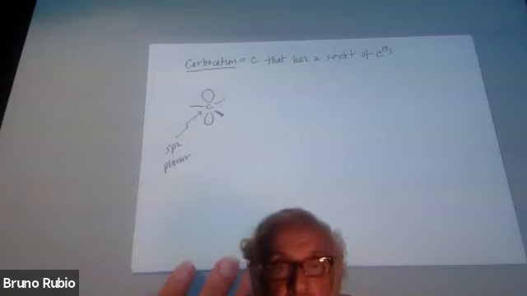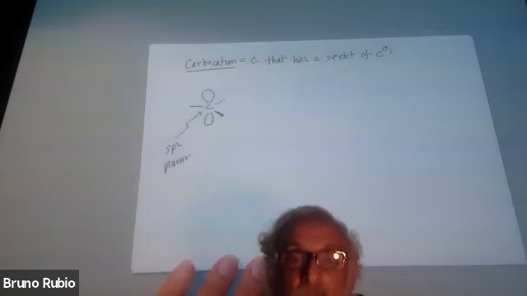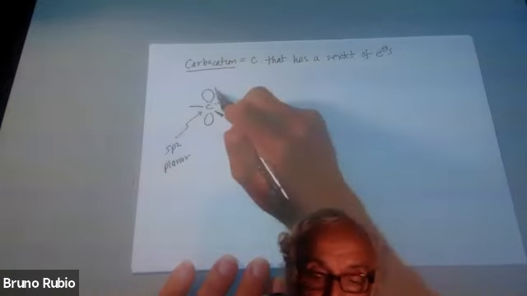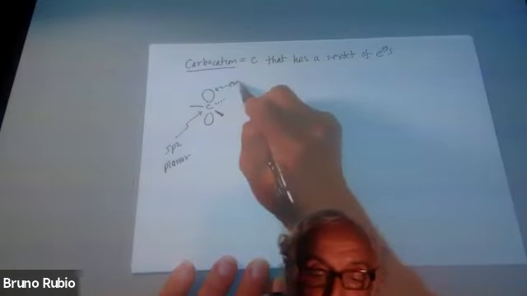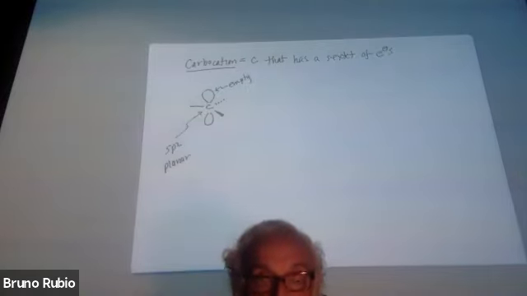When we were talking about pi-accepting radicals, there was a dot living in this orbital. But here, with a carbocation, it only has a sextet of valence electrons, so this orbital is totally empty. There's no electron in there.